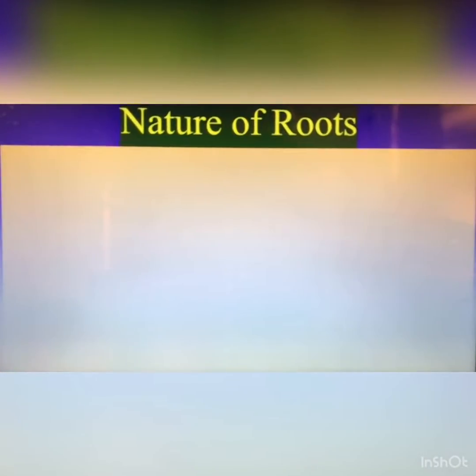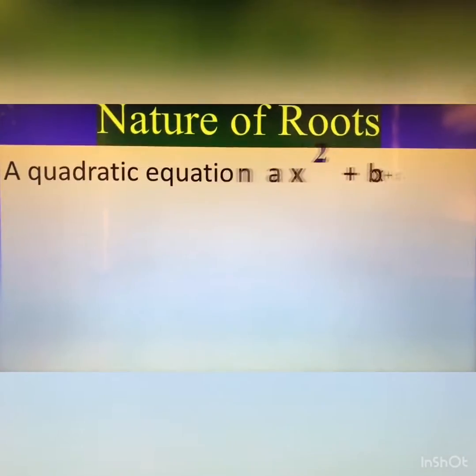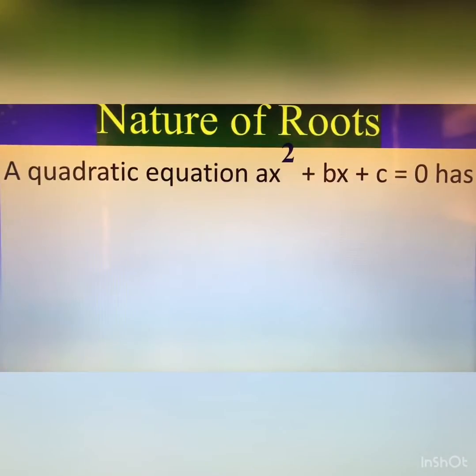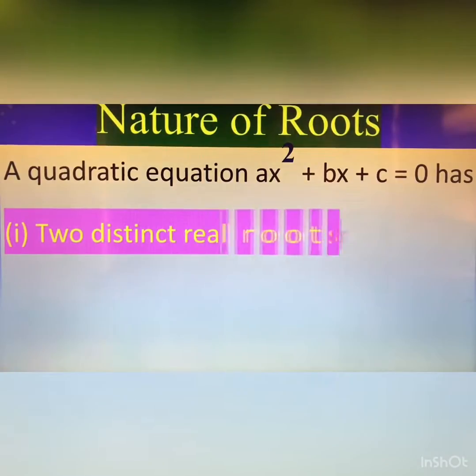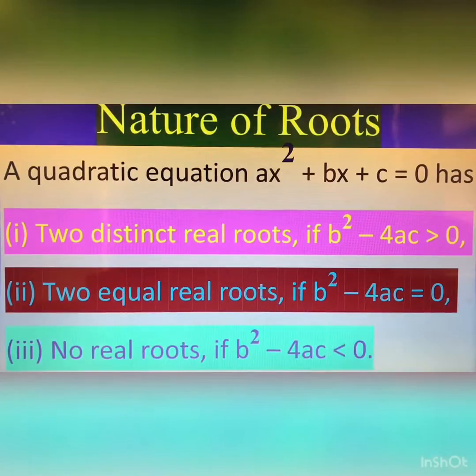Now, the nature of the roots. What is the meaning of the nature of the roots? We will first of all find the discriminant of the quadratic equation. A quadratic equation ax square plus bx plus c equal to 0 has two distinct real roots if b square minus 4ac is greater than 0.